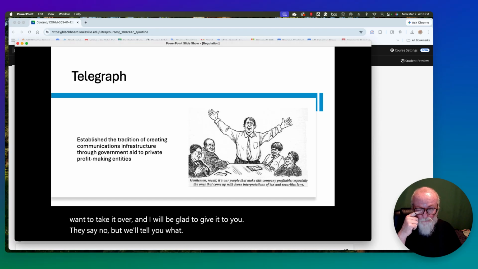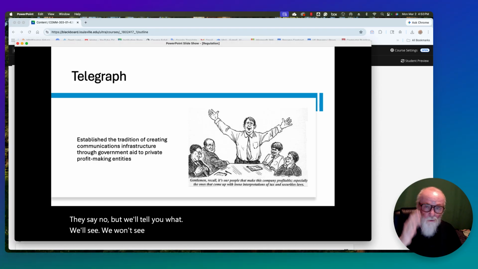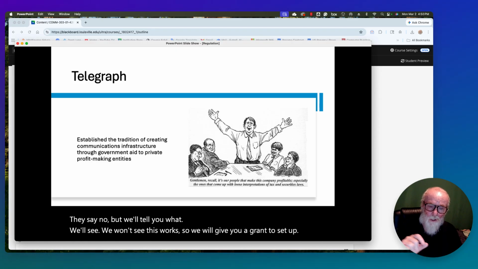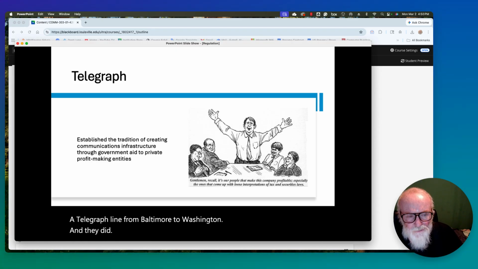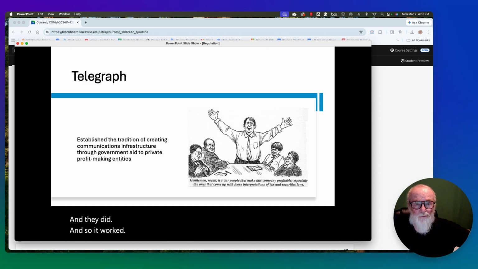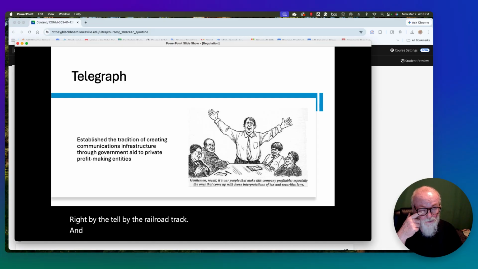We'll see. We want to see this works. So we will give you a grant to set up a telegraph line from Baltimore to Washington. And they did. And so it worked. Right by the railroad track. And you'll still see them there today, by the way, not just telegraph, but telephone lines as well.